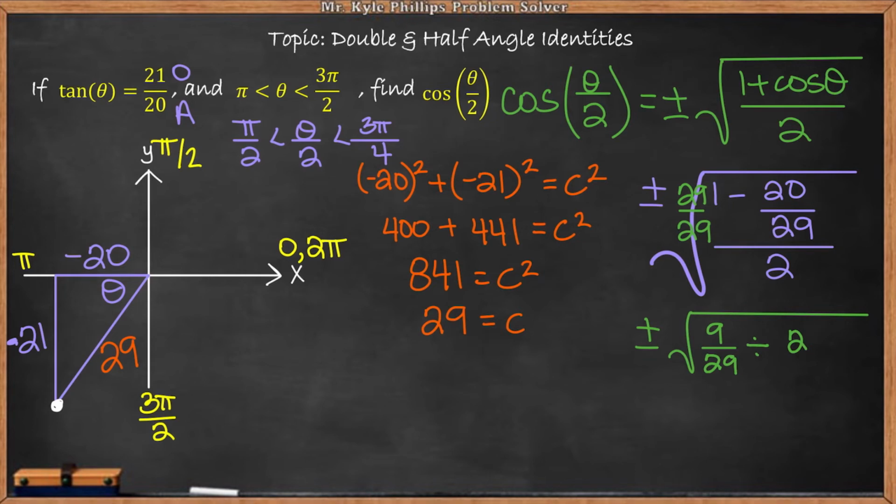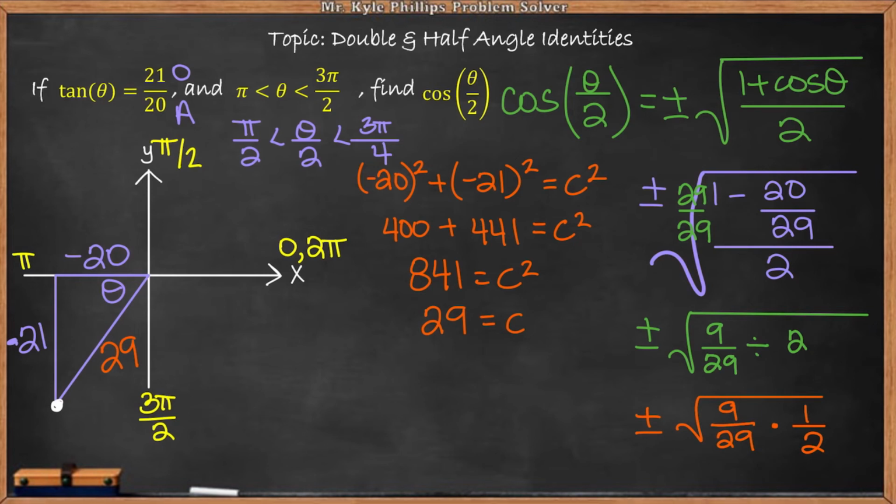Here, I just went from this complex fraction format to the traditional format where I could say 9 over 29 divided by 2. Dividing by 2 is the same thing as multiplying by 1/2. So we write 9 over 29 times 1/2, which gives us 9 over 58.